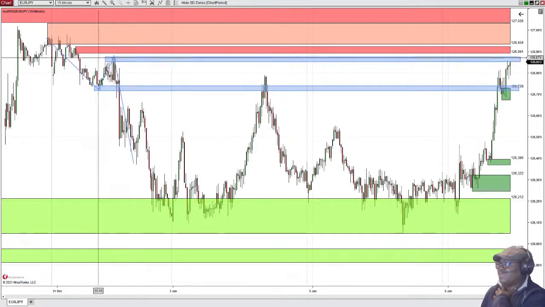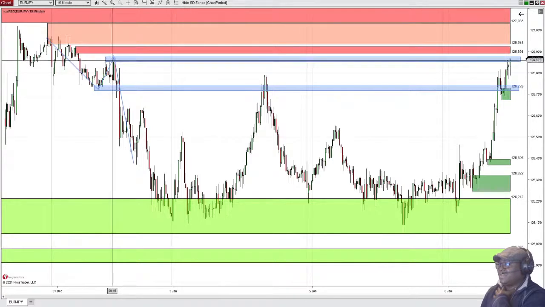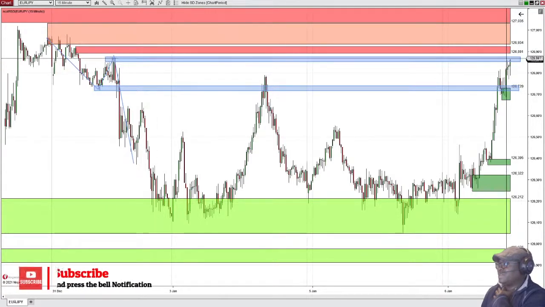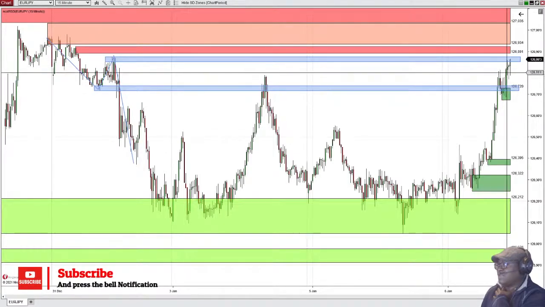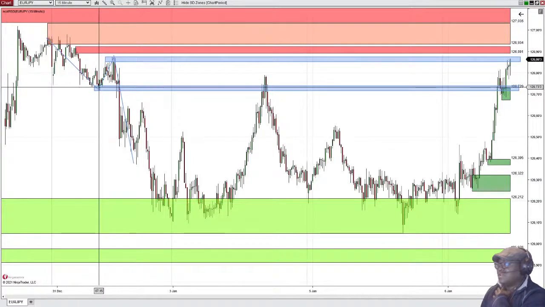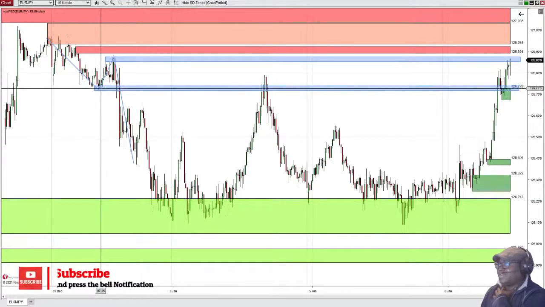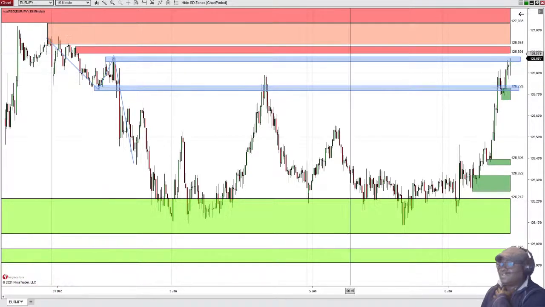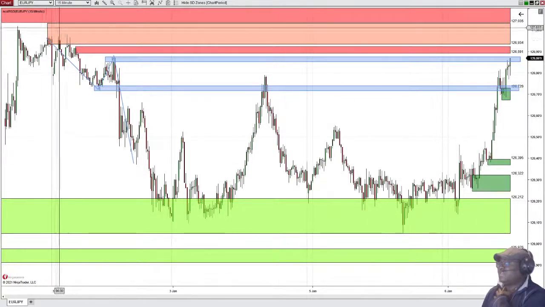This reaction here is why it is having what it is having here. You see, it tapped into it and rejected back down. And from here you already have the same thing. So that is the reaction it's having, and that's what I'm looking at.